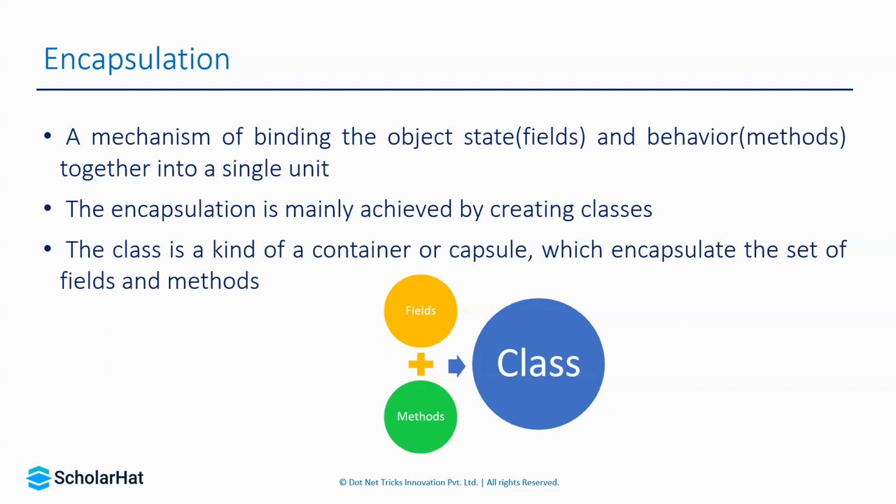You might have a method display detail, add customer, remove customer. So those are methods where we are doing something. We are going to encapsulate both things into one entity, and that one entity we call the class. Make sense about encapsulation? So this is about encapsulation.